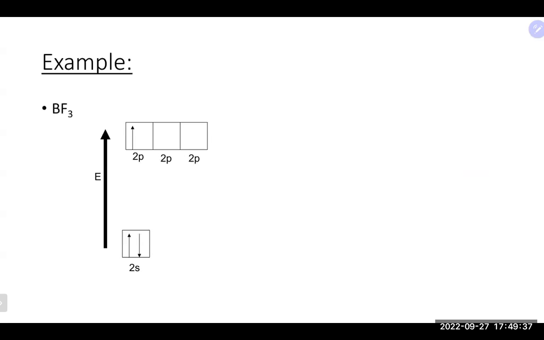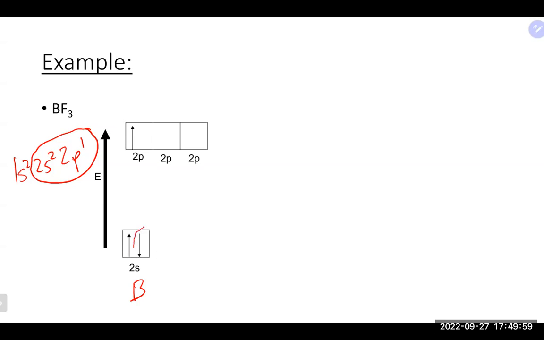So an example of this would be boron trifluoride, and this is boron, which is 5, so that is 1s2, 2s2, 2p1. That is the 3 valence electrons in boron we are looking at here. We're going to get the same sort of promotion through this hybridization process.